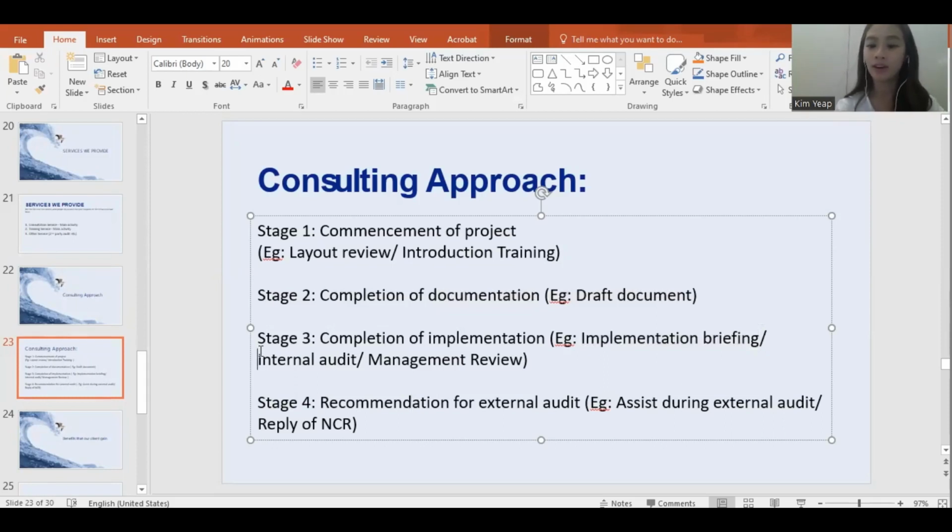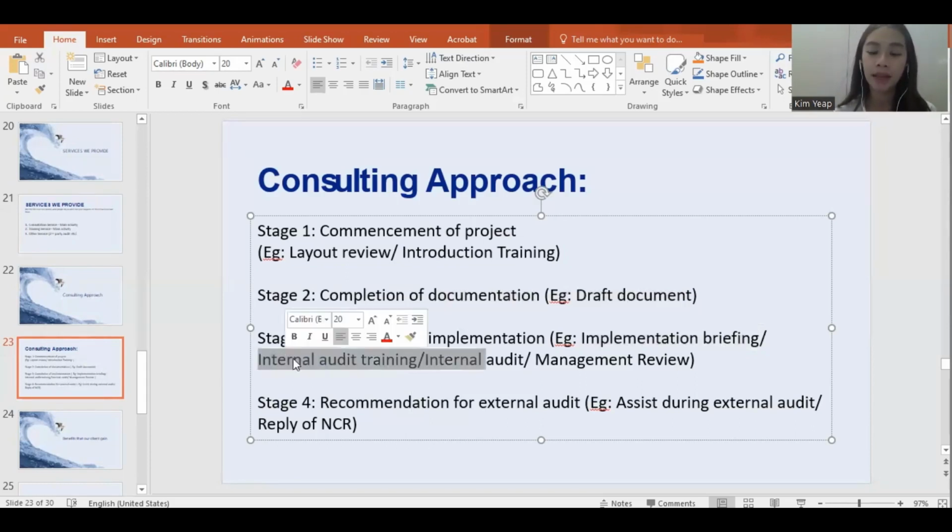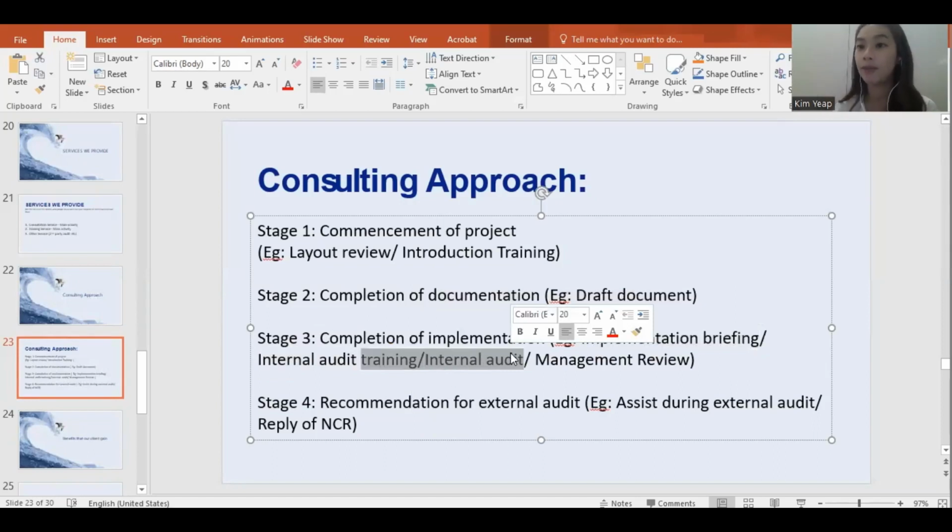So before the internal audit, our consultant, who is also the trainer, will need to train them on internal audit. It's also a day of training, telling them how they should perform the internal audit, how to do an audit internally. After training them, our consultant will be there to help them, to guide them physically how to do an internal audit.